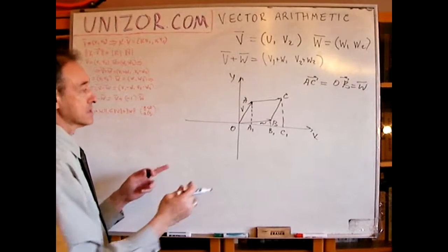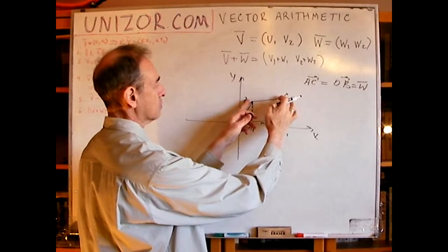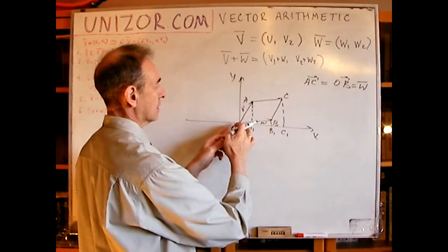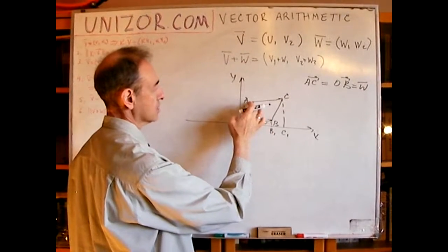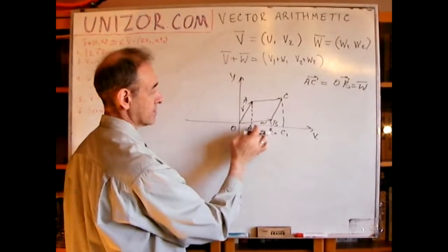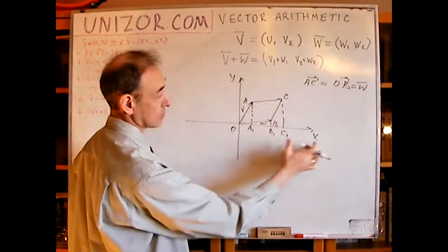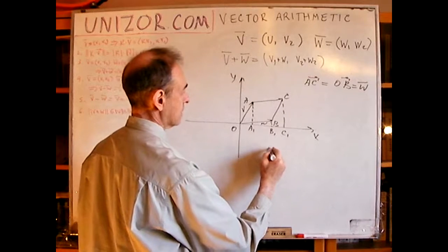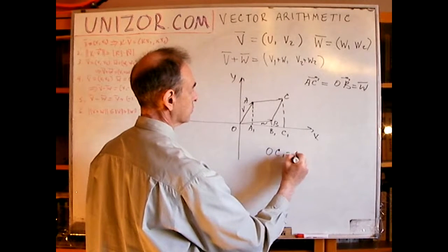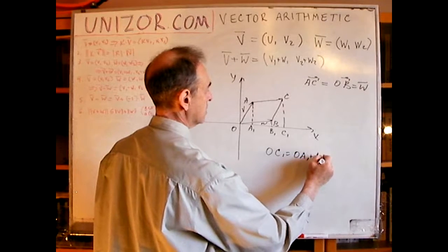Now, obviously, since we took this OB and parallel shifted it to AC, then the coordinate of OC would be greater than the coordinate of A by the coordinate of OB, right? So the coordinate of OB, the x-coordinate in this particular case, is OB1. So what I'm saying is that OC1 is equal to OA1 plus AB.